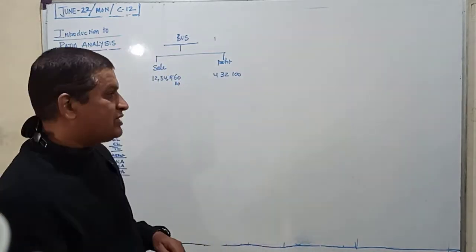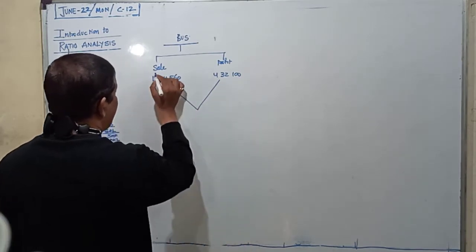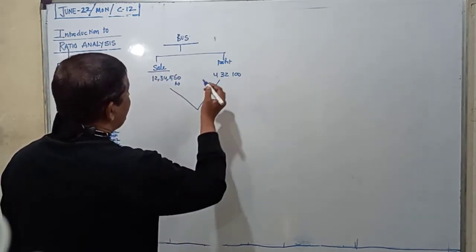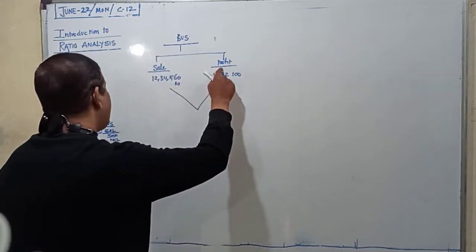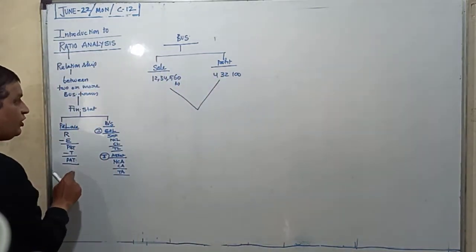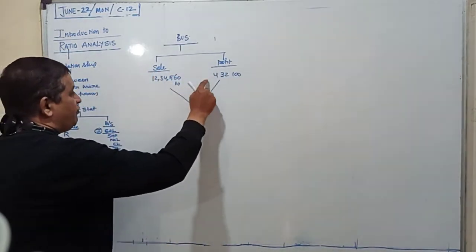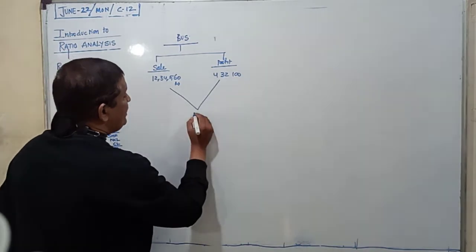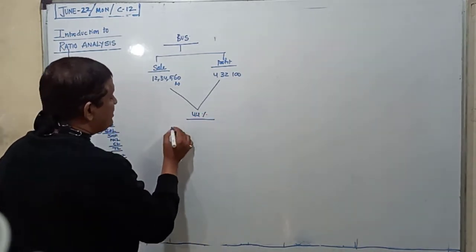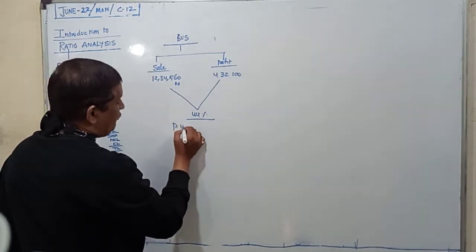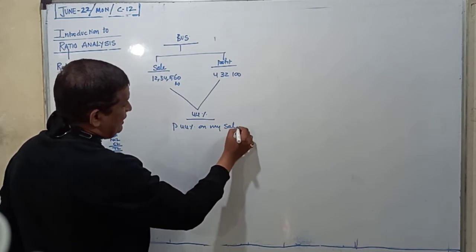Now the point comes. Take the relationship between a business transaction called sale and a business transaction called profit. Sale and profit, where do you get them? You get them from the profit and loss account. If the relationship between this 12 lakhs and change and 4 lakhs and change is expressed as a percentage, it is 44%, meaning I am earning a profit of 44% on my sale.